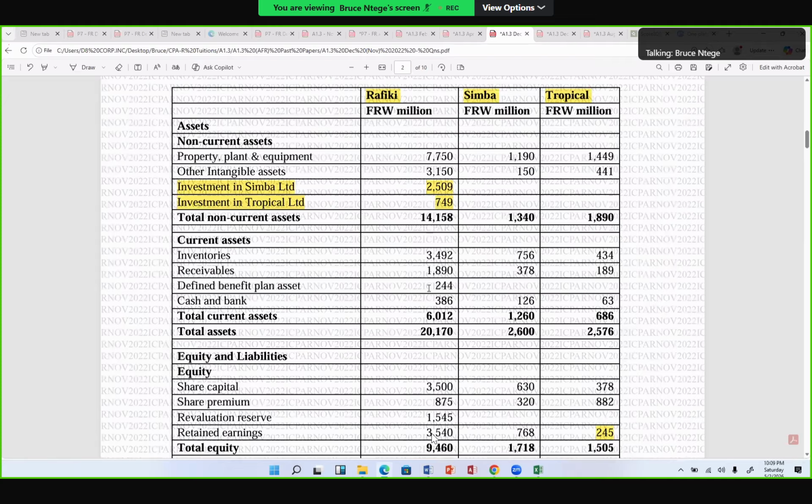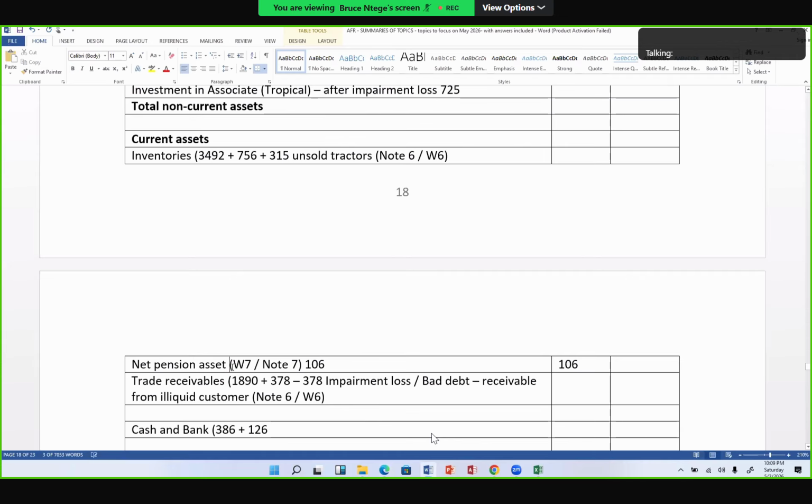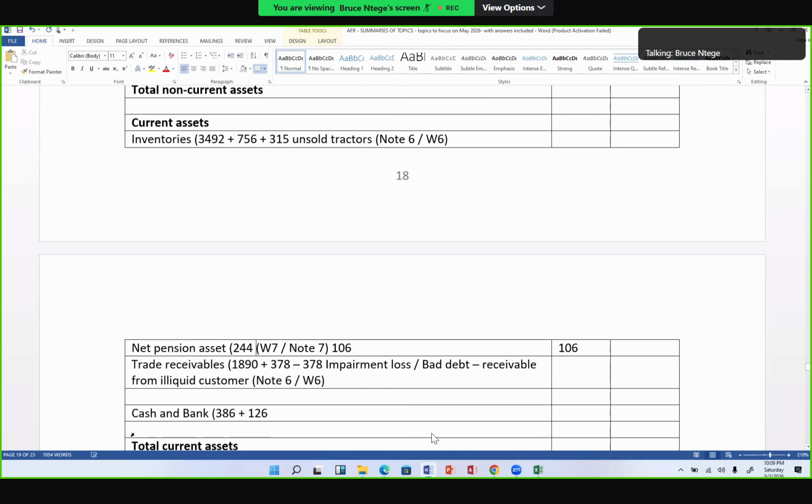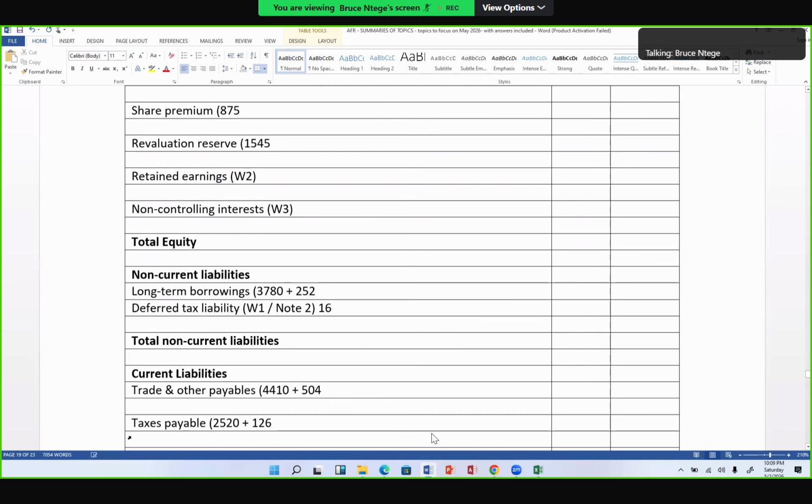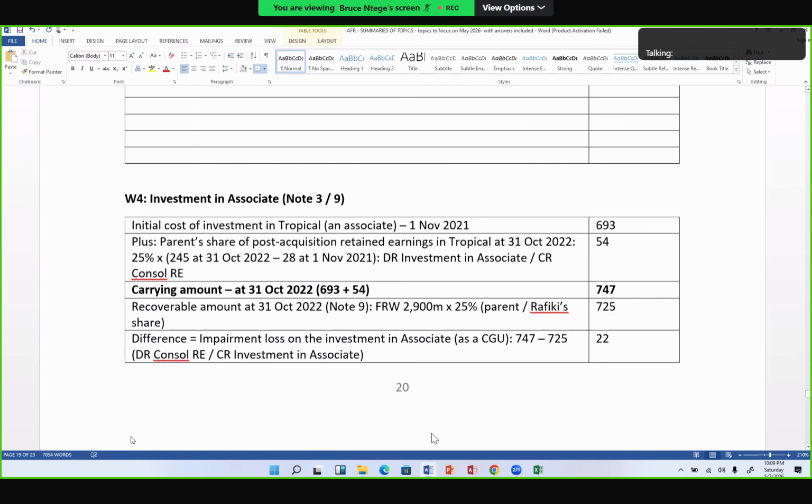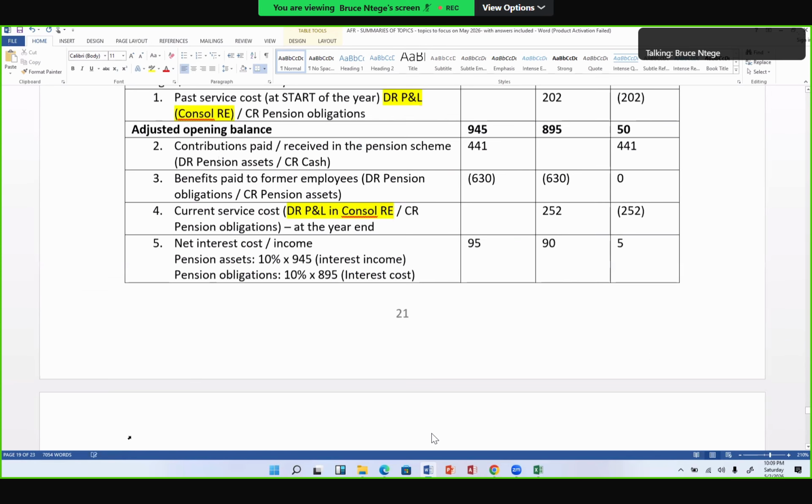Okay, so let's put it this way. If we had seen it, I think we've got it. We skipped it. Let's say if we had gotten it and it was 244 here. So that 244 has in our working. Let's go to working 7 to see where the 244 may have come from.